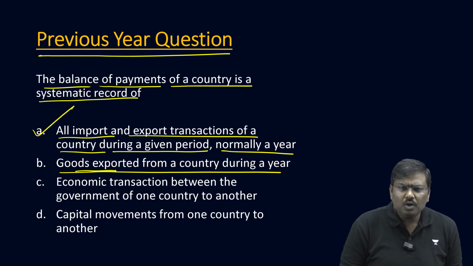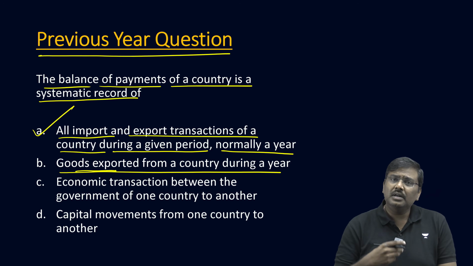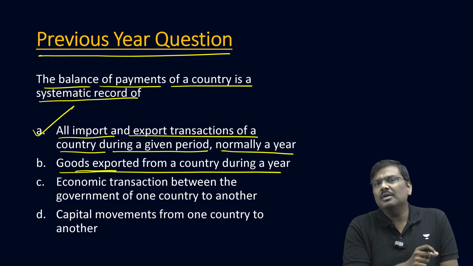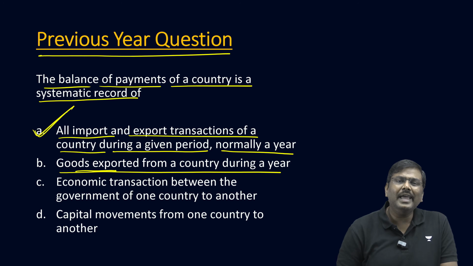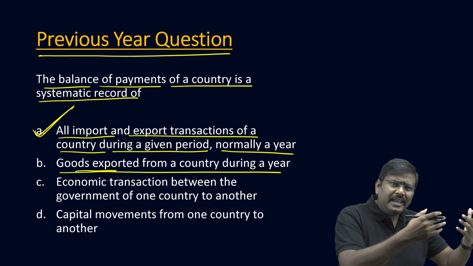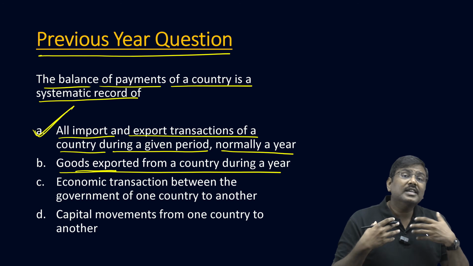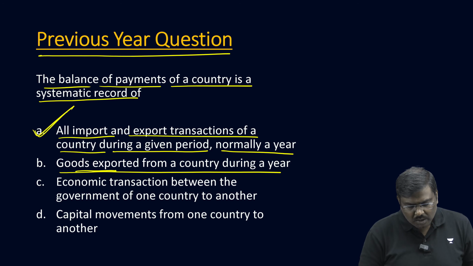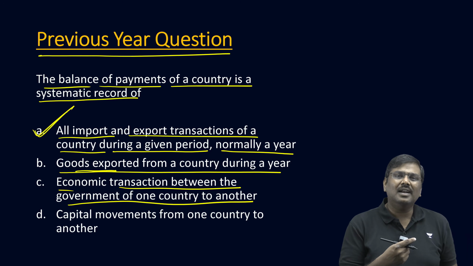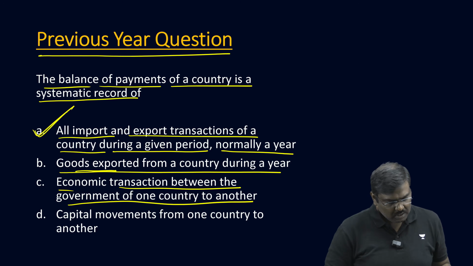So if you ask me, sir, goods are recorded in the balance of payment. Yes, goods are recorded, but it is only one component of the BOP. Statement A is much more inclusive. It includes all the import transactions, all the export transactions. What about C? Economic transactions between the government of one country and another, again part of the BOP.